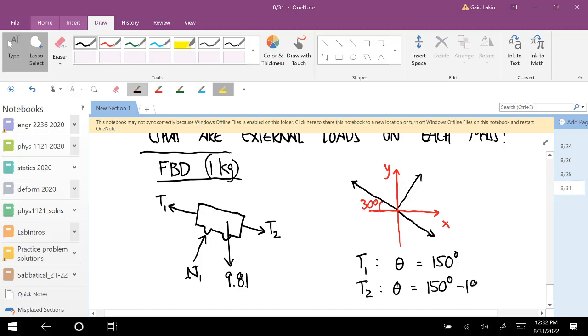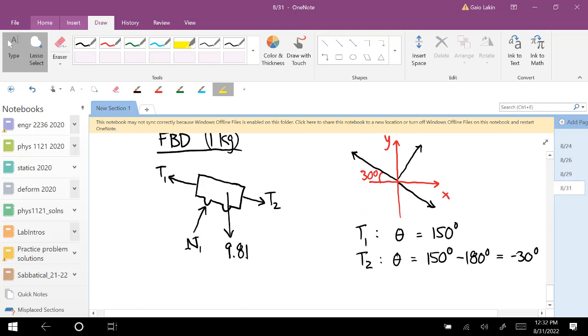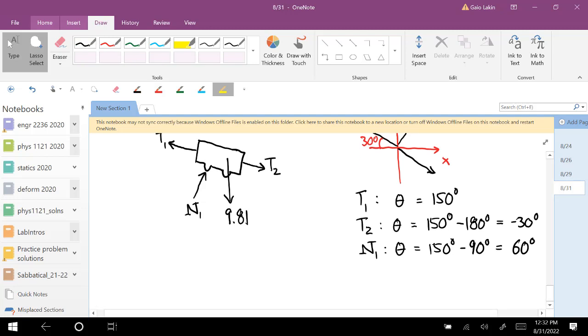I'll subtract 180, and so you get negative 30. And then for the normal force N1, 150. The way I have it drawn, you have to go clockwise 90 degrees, and so that's minus 90, and so that's positive 60 degrees. Any questions about that?